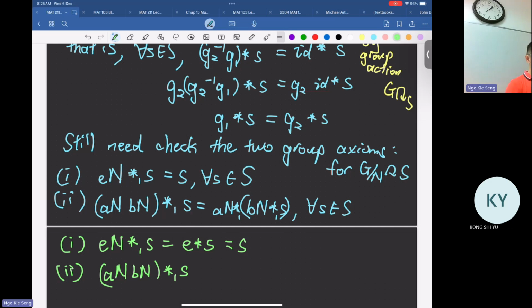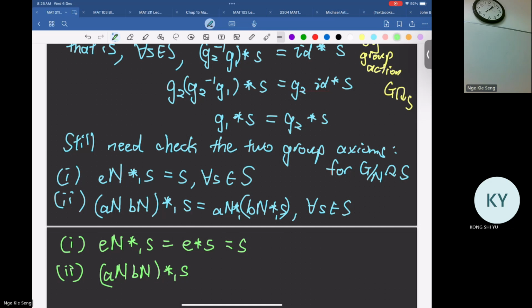You cannot use the definition yet, because your definition only defines a coset. So is this a coset or not?